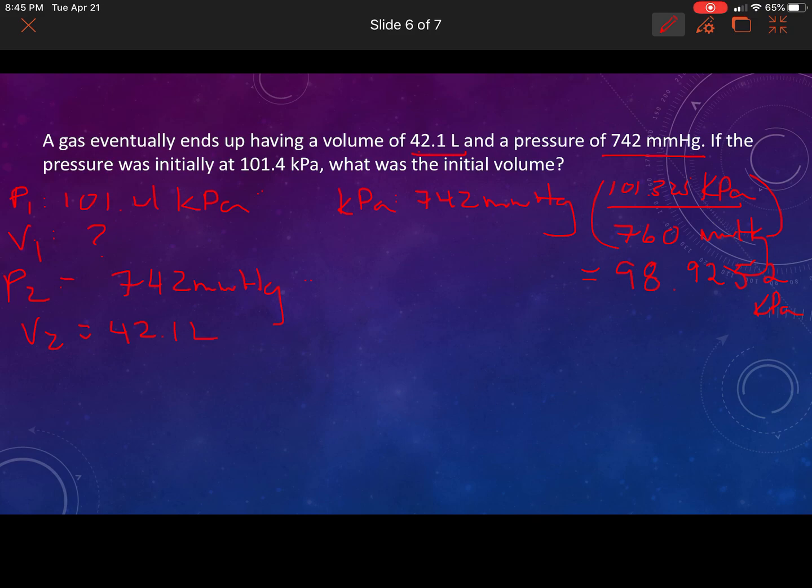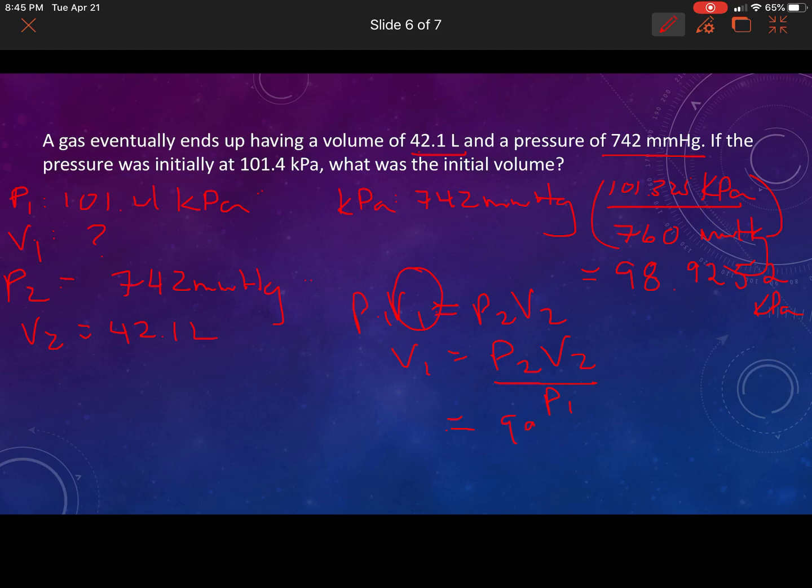Okay, so now I've got both my pressures in kPa, so now I can go ahead and solve for V1. So my formula, P1V1 equals P2V2. You're solving for V1. So V1 is going to be equal to P2V2 divided by P1.